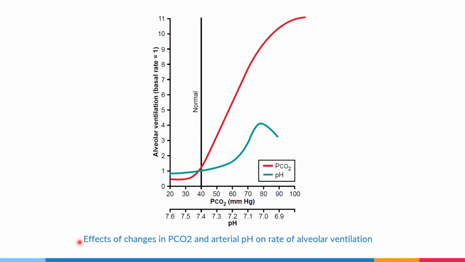Next, we look into the effects of PCO2 and the arterial pH on the rate of alveolar ventilation. The partial pressure of CO2, or the concentration of carbon dioxide present in the bloodstream, is shown in red, and the changes in pH, or concentration of hydrogen ions, are shown in green.